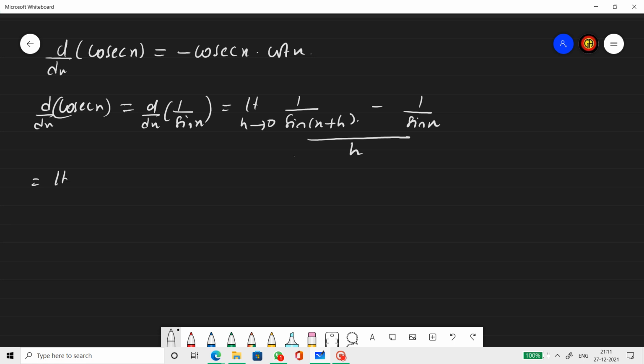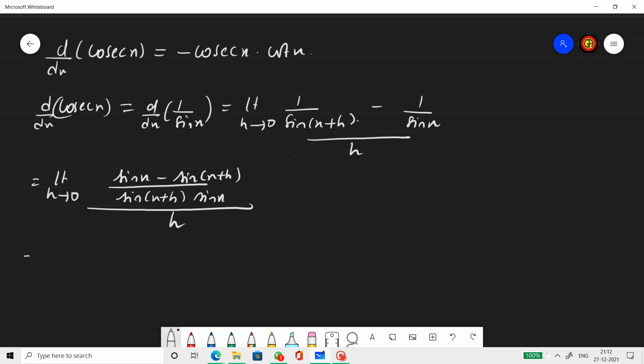Then limit h tending to 0. Take LCM like the last sum. Denominator, product of the denominators will be the LCM as the denominators are different. So we get sin x minus sine of x plus h whole divided by h.